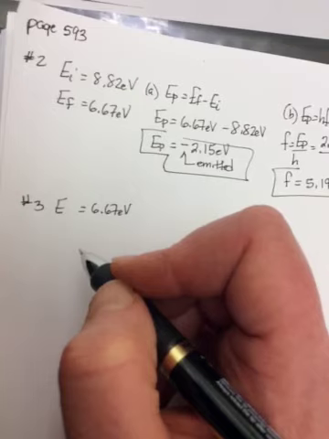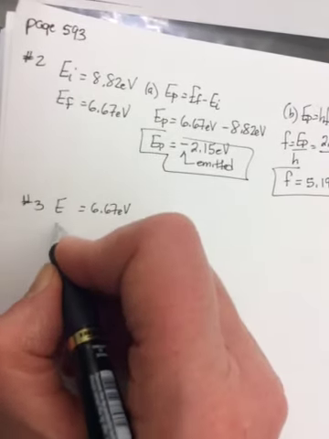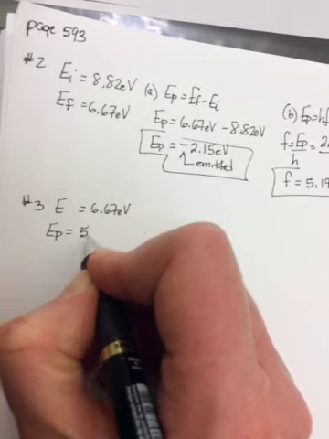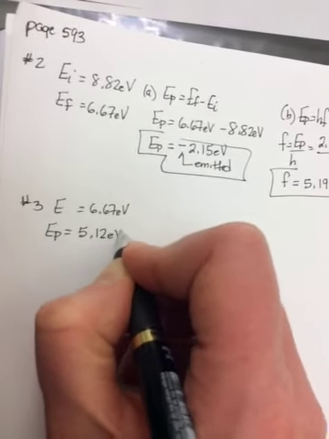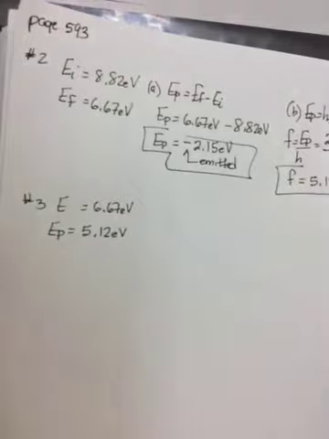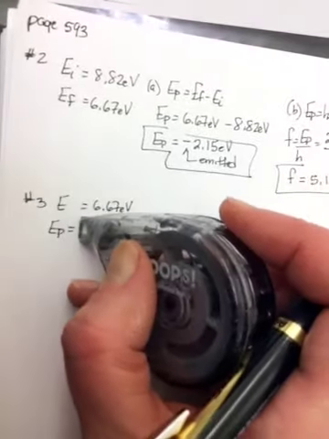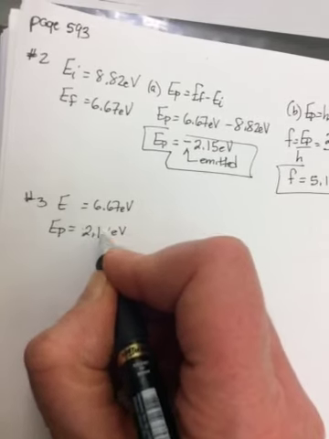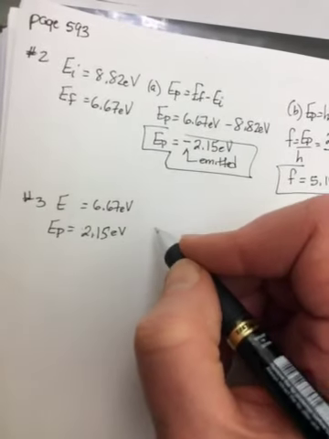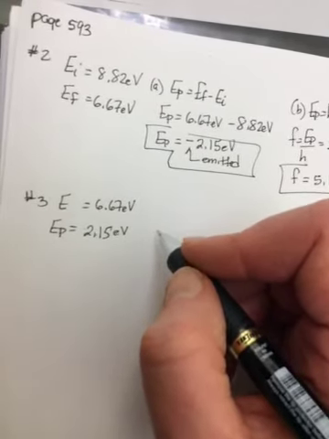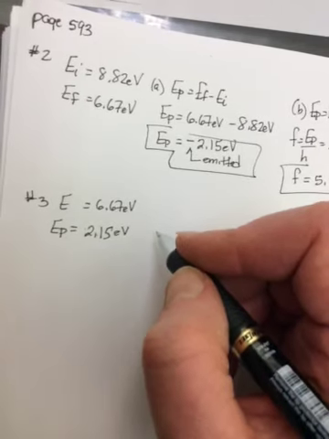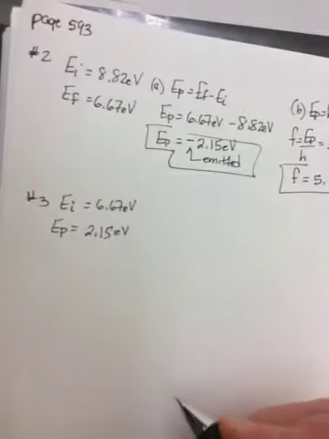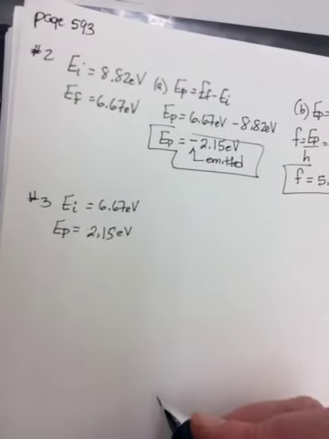A photon of energy, so this is the energy of the photon, 2.15 electron volts, I had the wrong number at first, strikes a mercury atom and it's absorbed. To what level is the mercury atom raised? So this is actually the initial.